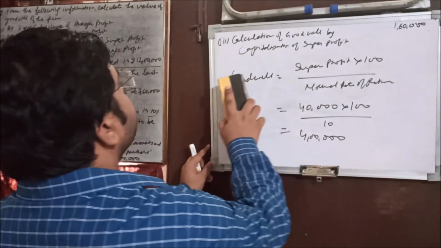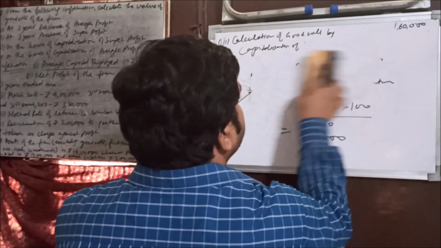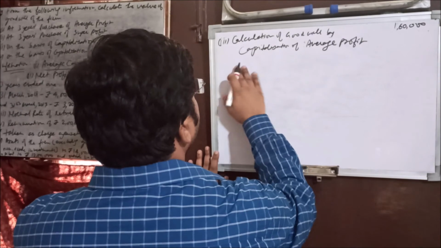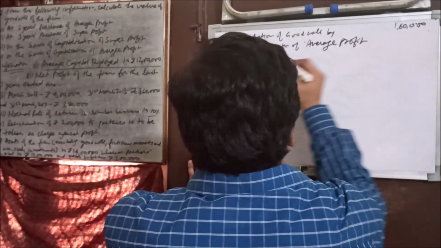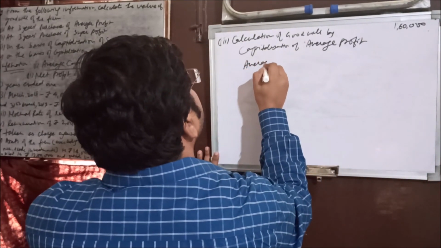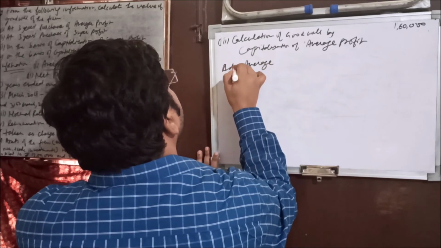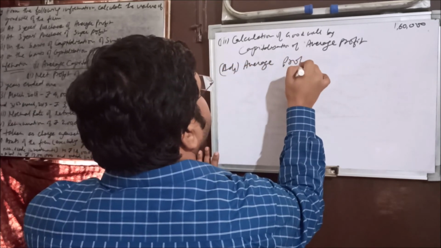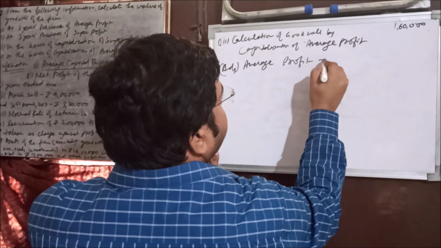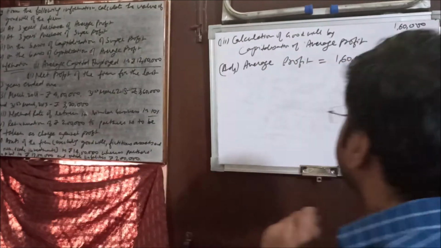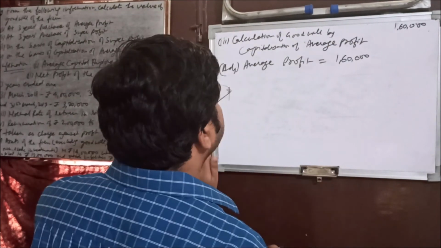Now let's move on to the last method, capitalization of average profit. So for this we need to calculate very first the average profit. Already we have it, I just write it down here, adjusted average profit, 1,60,000. The second step was to calculate net assets.